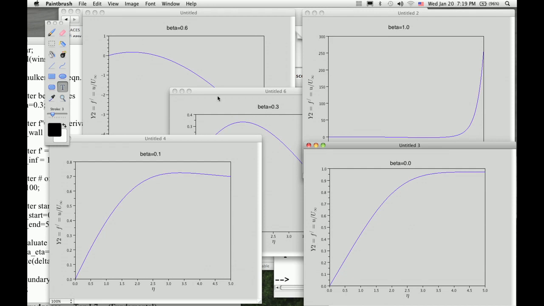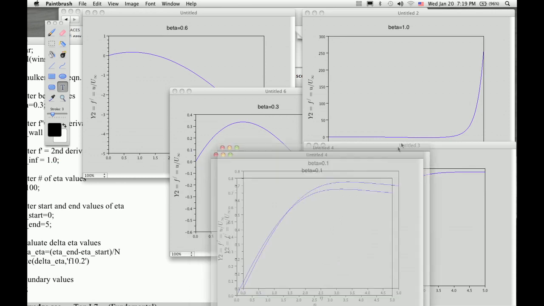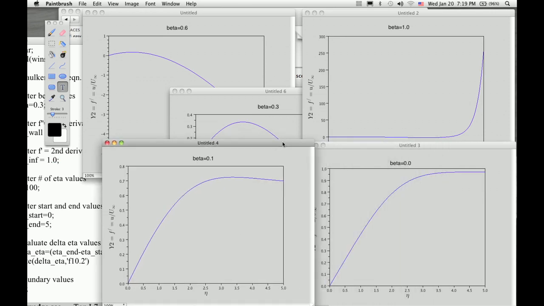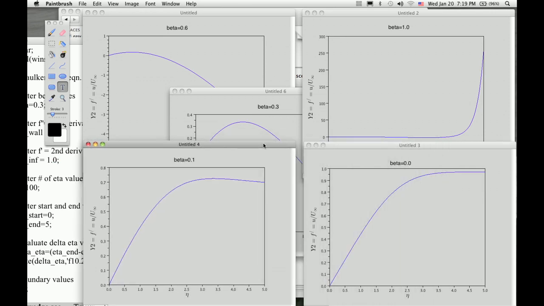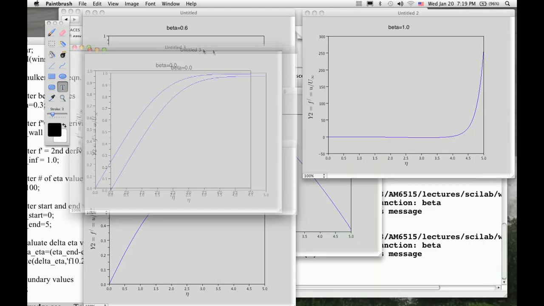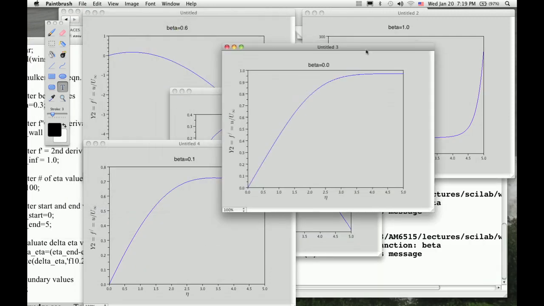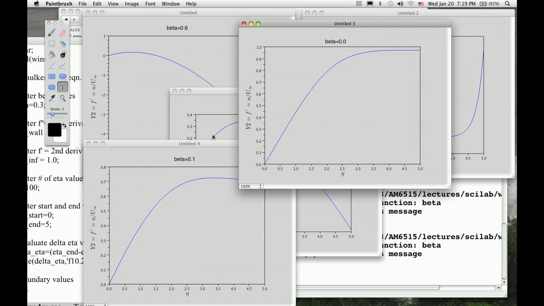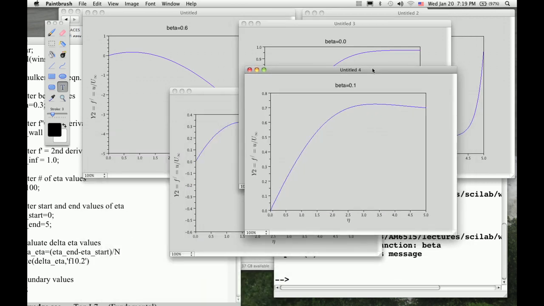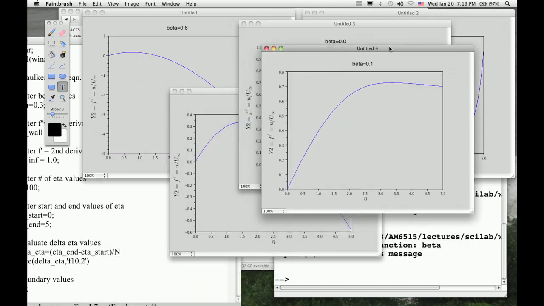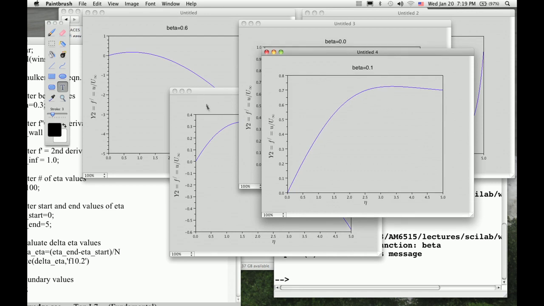Okay, so I got a lot of these, so let me sort of arrange this a little bit. Okay, so we got that, so beta is that, beta is that. Okay, so I got a lot of windows opened up now, but it would be interesting. So this is 0.1.